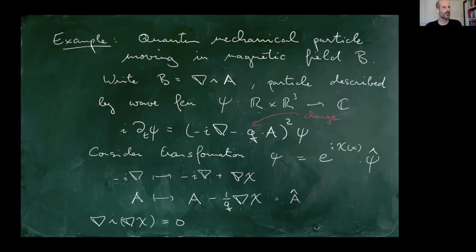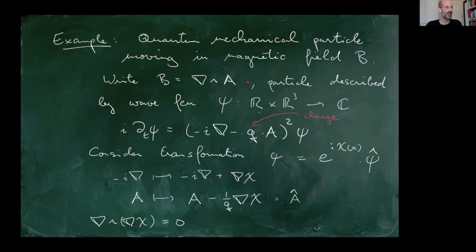So I'm describing the magnetic field here by a vector potential, and there was some freedom here. Even if I know what the magnetic field is, that doesn't uniquely determine what A is.